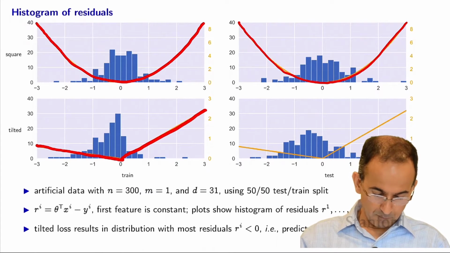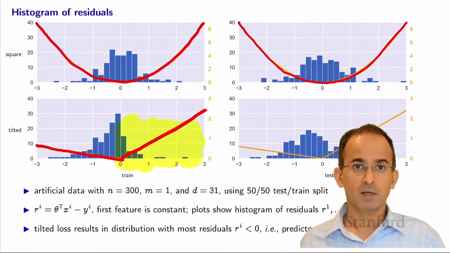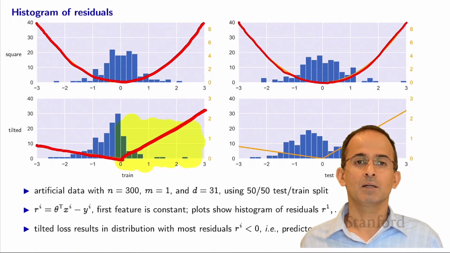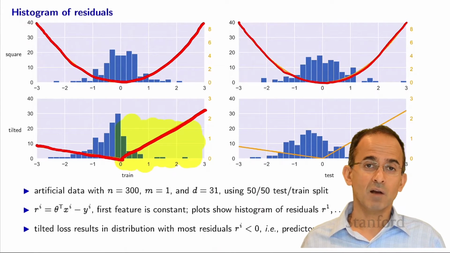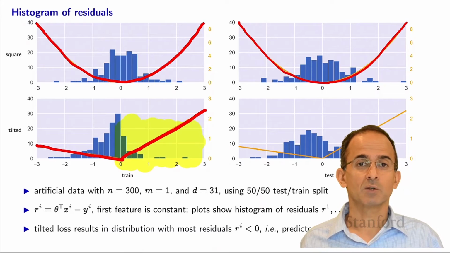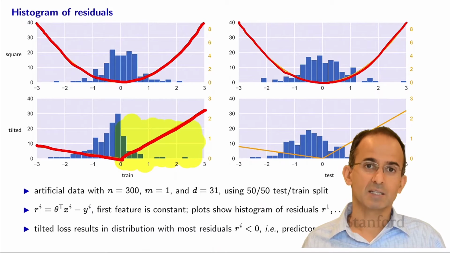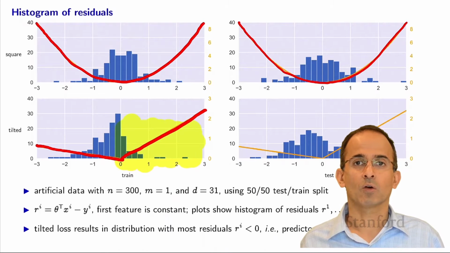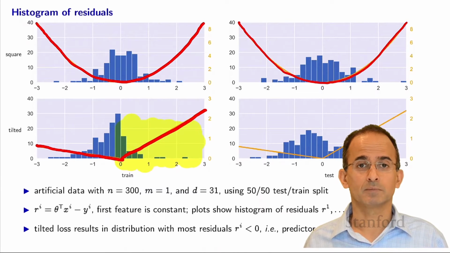We see that on the right-hand side of this plot, there are many fewer residuals, many fewer data points for which the residual is positive than there are data points for which the residual is negative, because the penalty is much greater for producing a positive residual, in other words, for overestimating, than for underestimating.